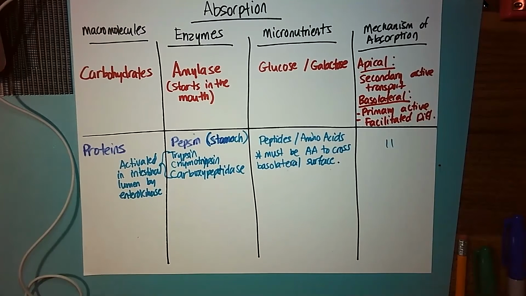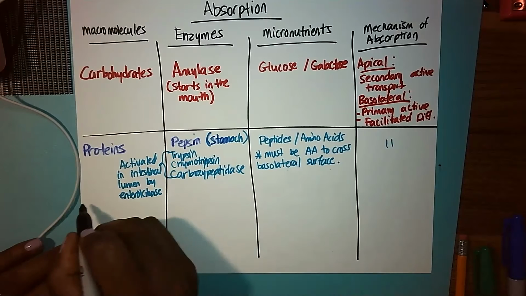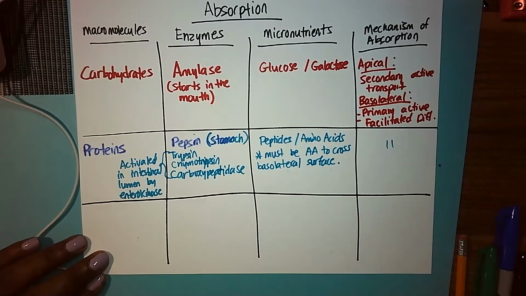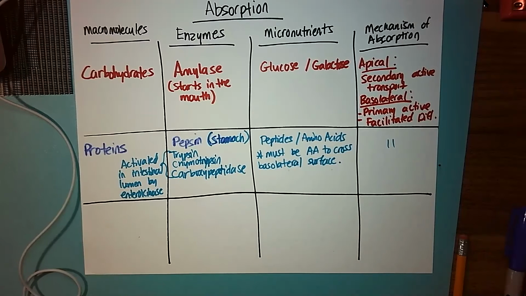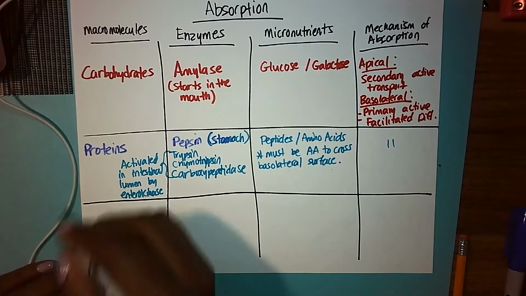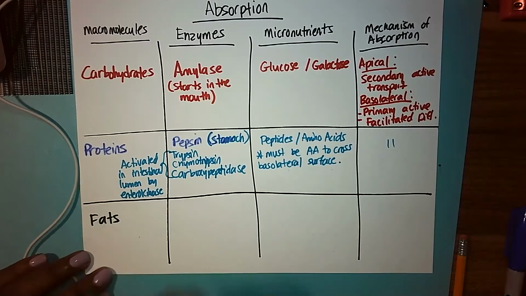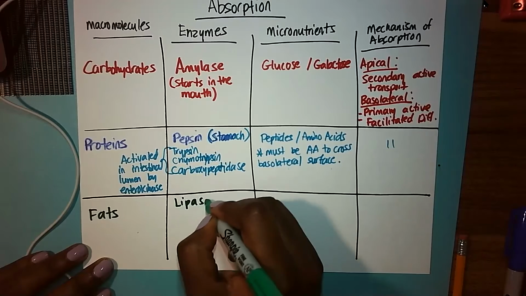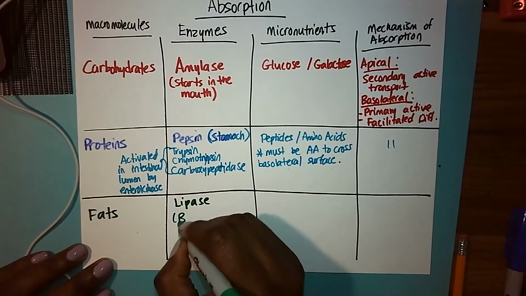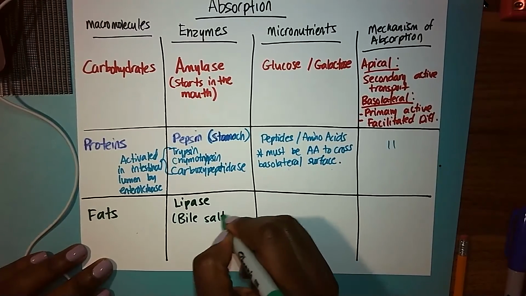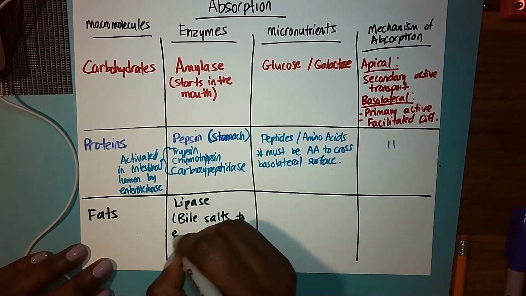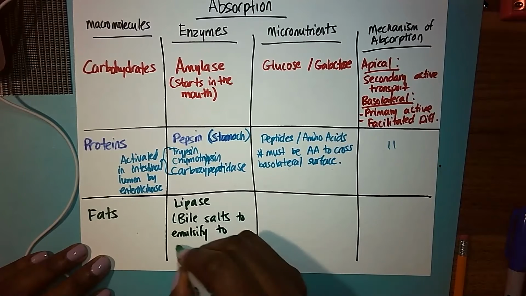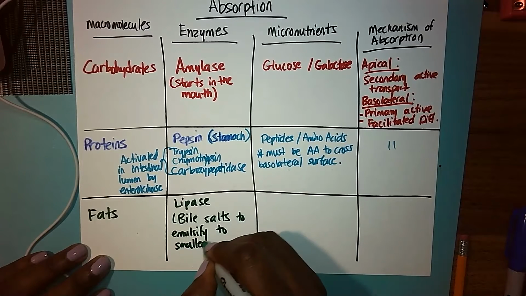Let's look at fat. So fats had a bit of a unique case because of their makeup, because they're nonpolar. A little bit different. So fats, we said, were broken down by lipase, but we needed bile salts to emulsify to smaller fat droplets.